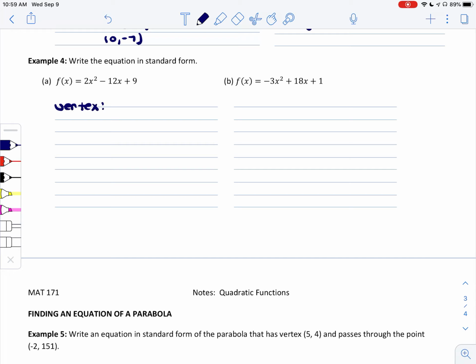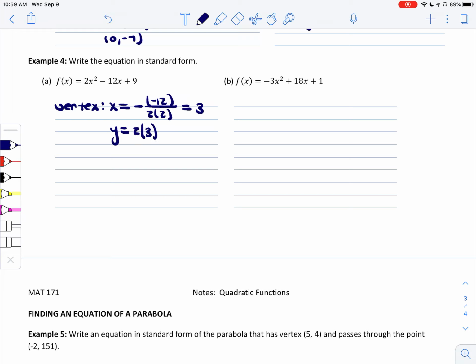Okay. So the vertex, when we have an equation in general form, we just use -b over 2a. So in this case, -12 over 2 times 2. That would come out to a +3. The y-coordinate of the vertex we get by just plugging the 3 back in.